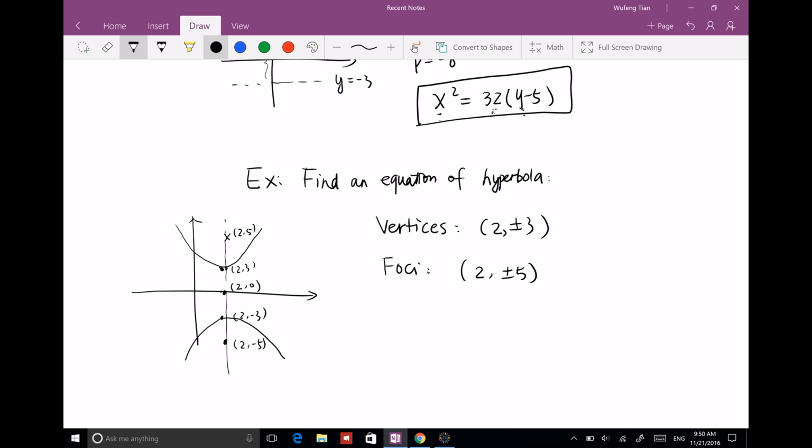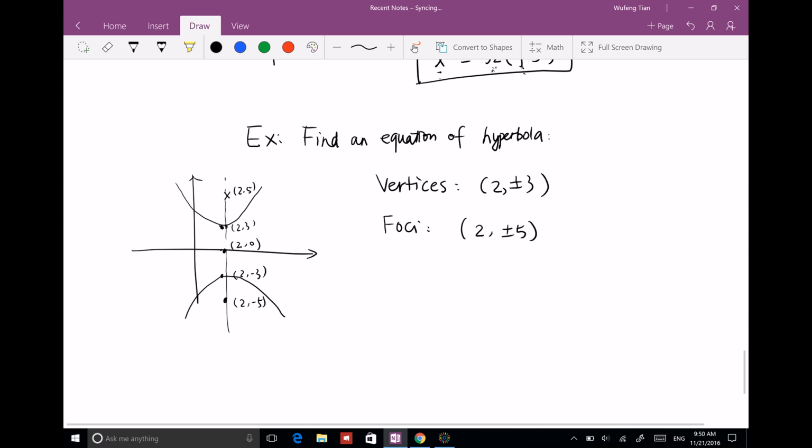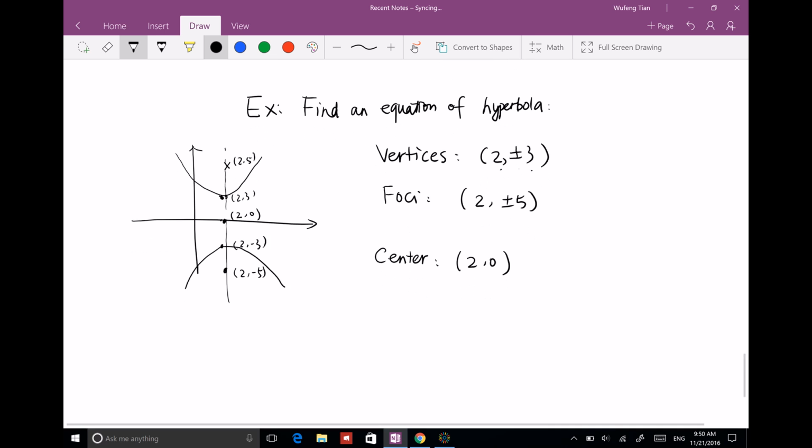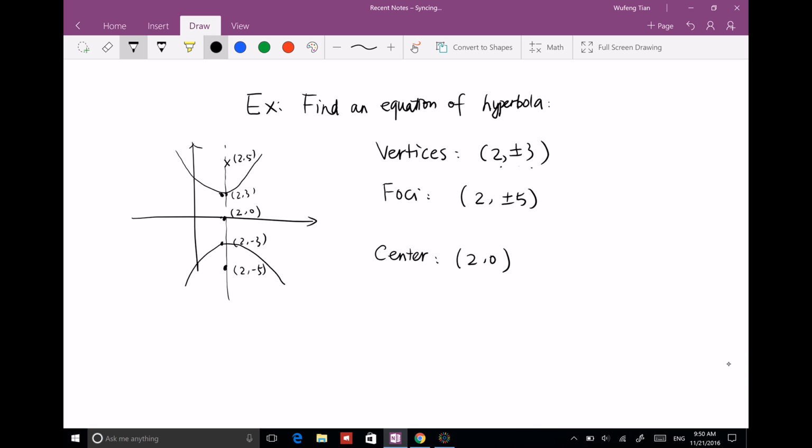So Joshua, could you please work with me together? Okay, so first I give you the vertices (2, plus or minus 3). Can you tell me what the center is? (2, 0), perfect. Once I have the center, if I draw the picture, (2, 3) to (2, negative 3), so the transverse axis is vertical.